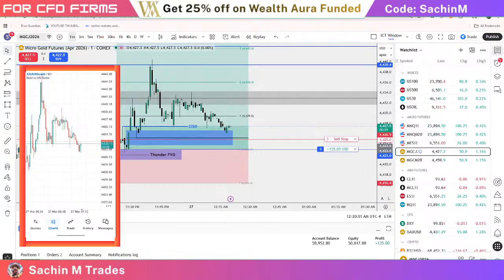Market is trying to push up high. Let's see if the market succeeds to push higher. Market is trying to push higher. It's pushing higher.